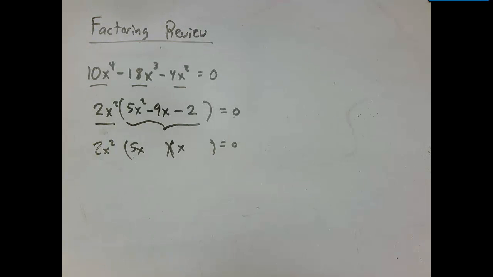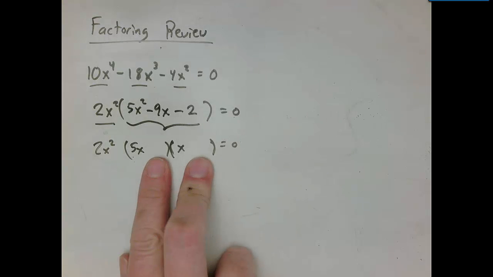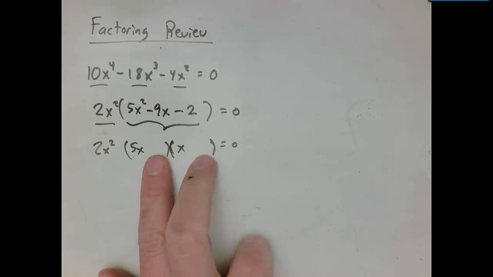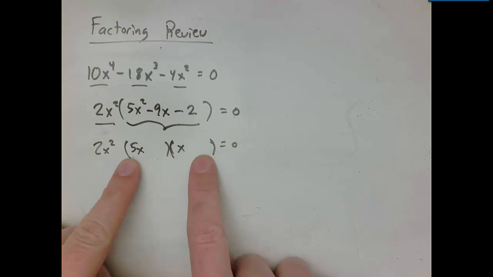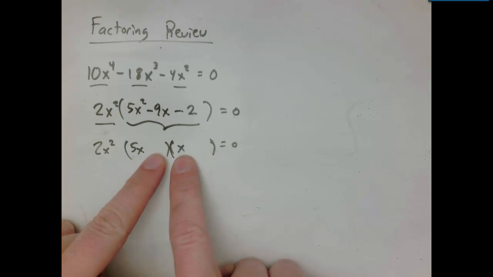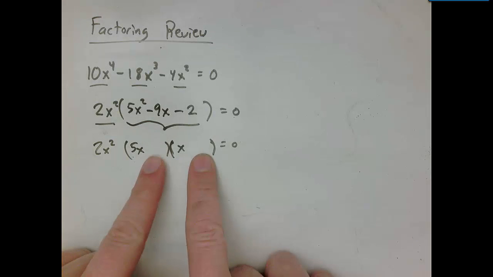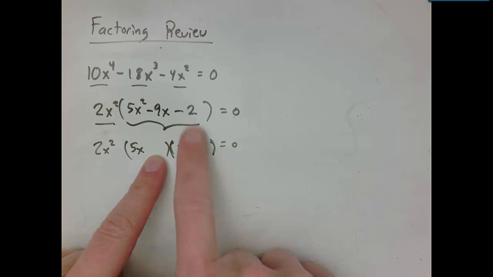So now that we've divided them up this way, we're looking for two numbers that multiply to be negative 2. But those same two numbers, 5 times this number plus that number, has to equal negative 9. So let's start by thinking about what these two on the outside might be so that they could multiply to be negative 2.